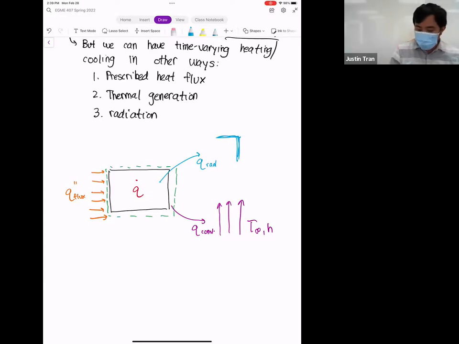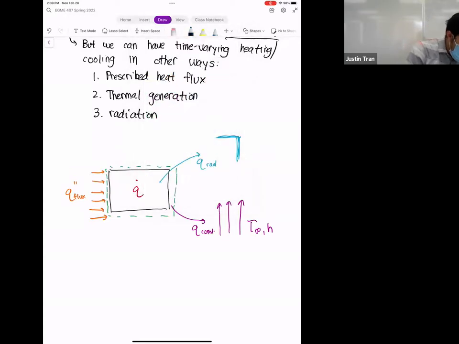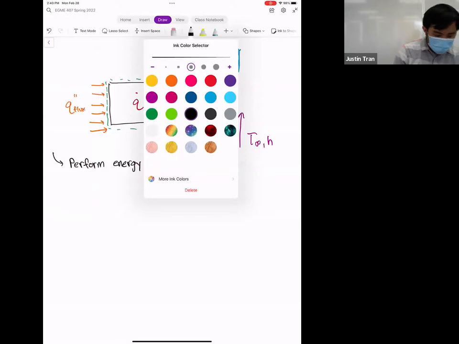And so we can have all of these things. And so if we put them all together, or in other words, if we perform our energy balance, we can put all of these together into the same equation, right?